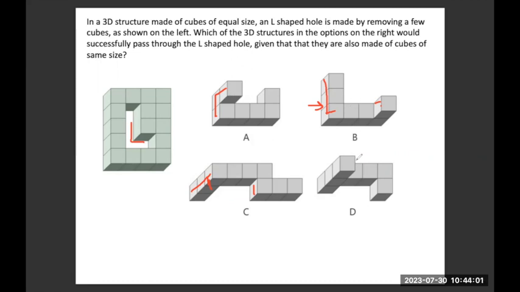Can anybody tell me, in option D, how it will go through? Just a second. Can anybody tell me in option D how it will go inside? Yeah, Trisha, please come ahead and draw it.